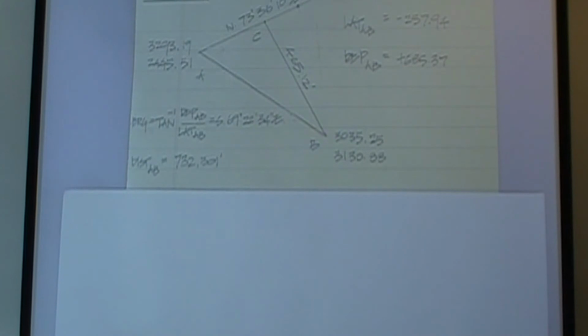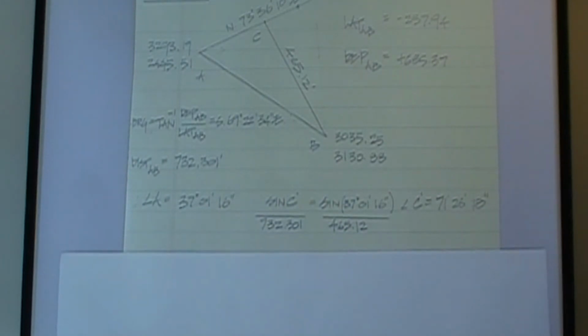From that, I'm going to get a bearing and a distance on the line AB. Again, the bearing is departure over latitude. I get 69 22 34, and south is coming from the latitude, and east is coming from that departure. Distance 732.301. Again, I like to carry that out a little bit more.